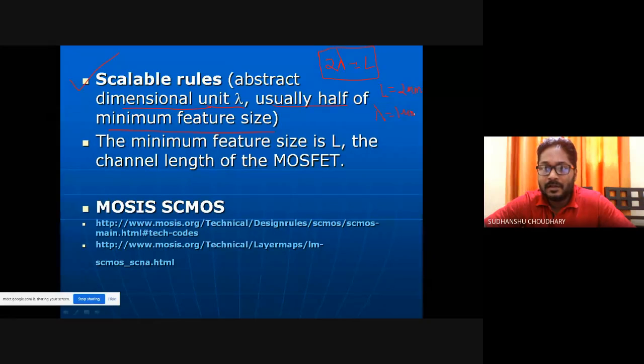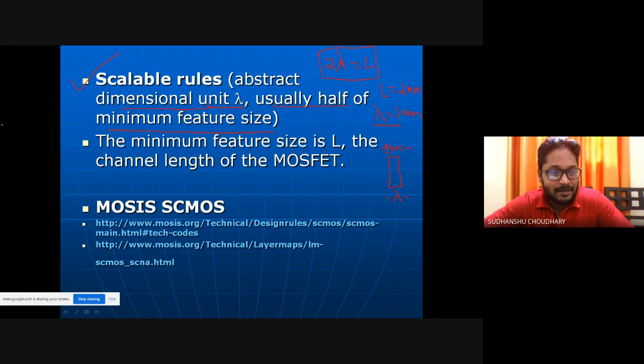Somebody asks me to draw a wire of width 1 micrometer. I will not measure 1 micrometer and then draw, because it is a very tedious task. What we will do is draw in terms of lambda. I'll say that I have drawn a wire of width lambda.